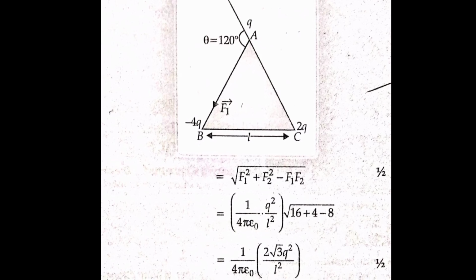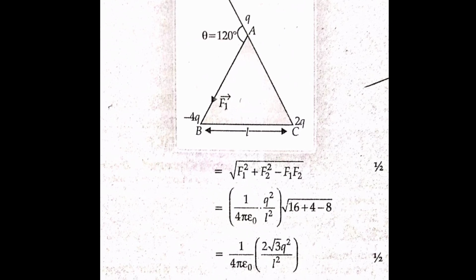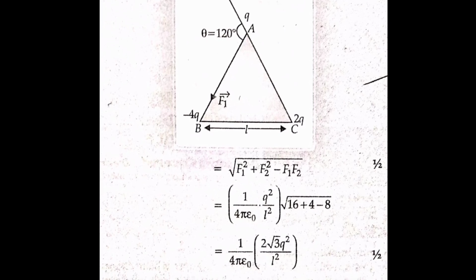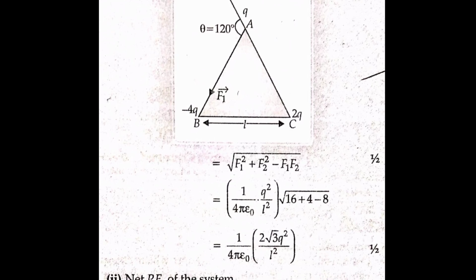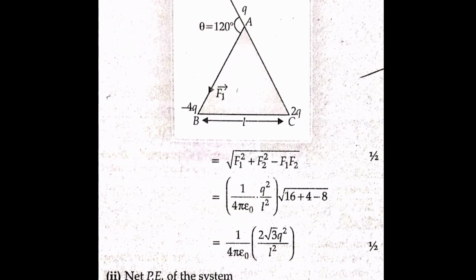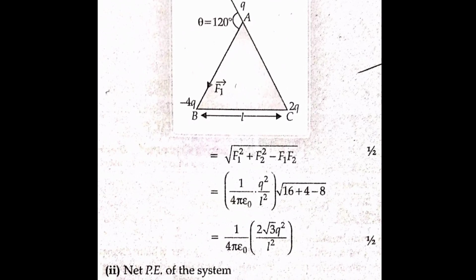So the equation we get is 1 by 4 pi epsilon 0 times 2 root 3 Q square by L square. That is the final answer, the total force acting on the charge Q due to these 2 charges, minus 4Q and plus 2Q.